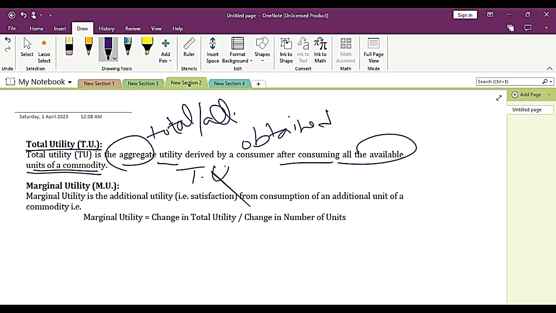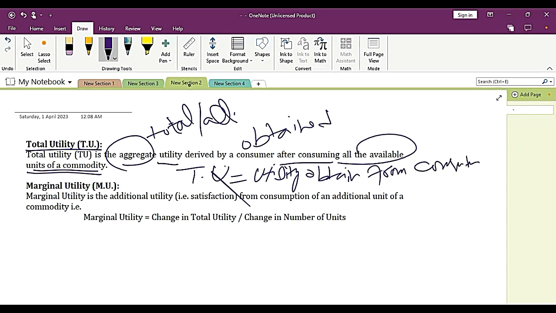We can say that total utility is equal to the utility obtained from consuming all units of a product.